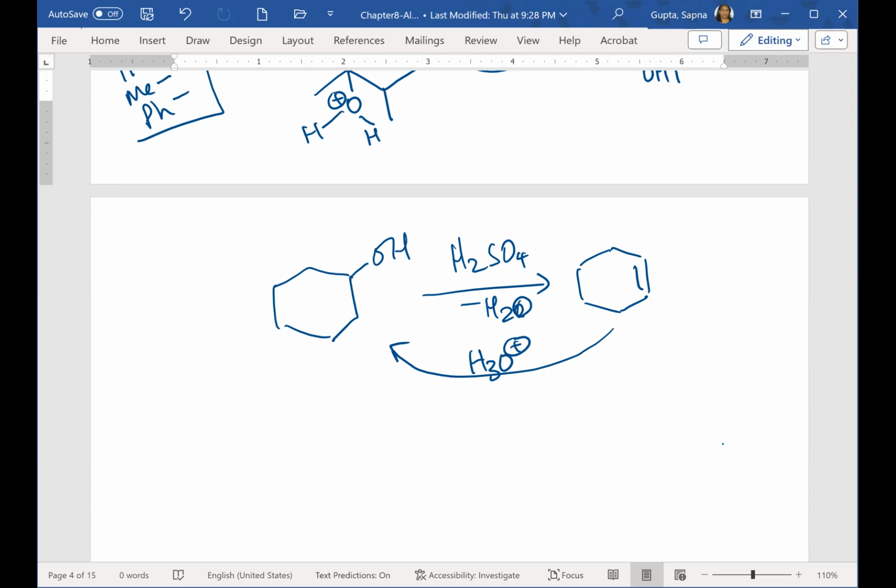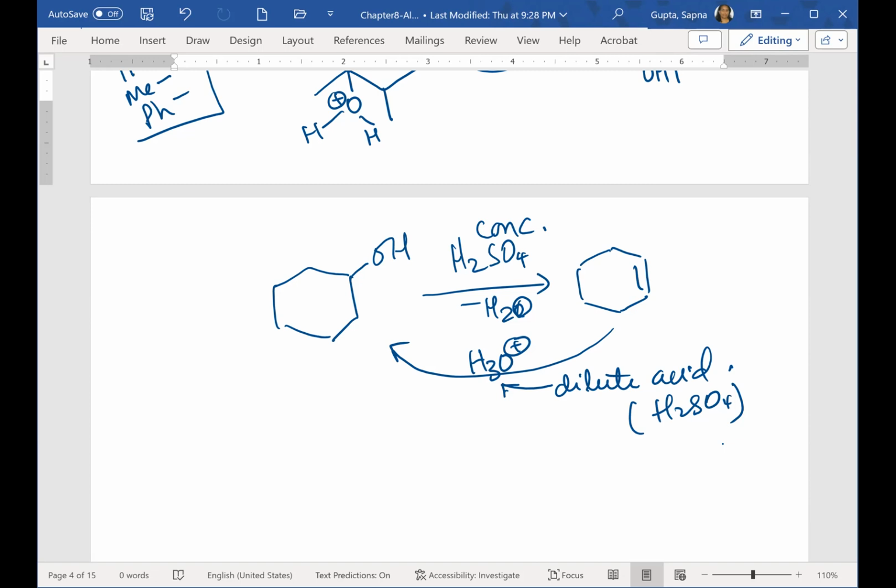Both H2SO4 and H3O plus are acidic mechanisms. The H3O plus means dilute acid. The dilute acid here is H2SO4 also, except it is diluted. Just H2SO4 generally means that it is going to be concentrated.